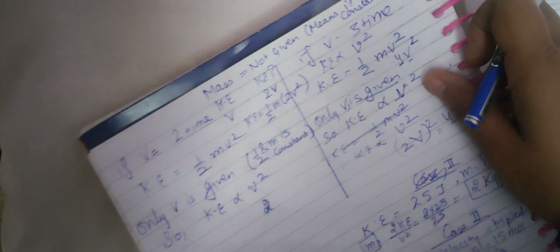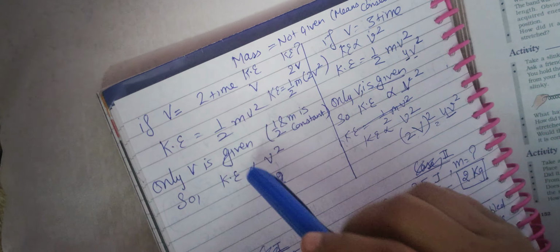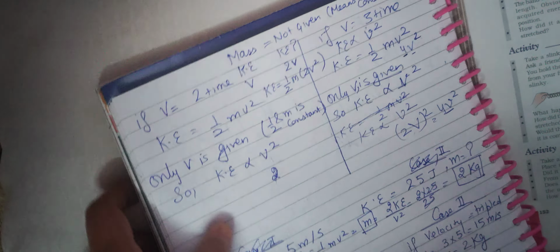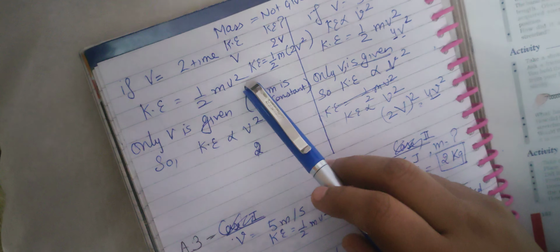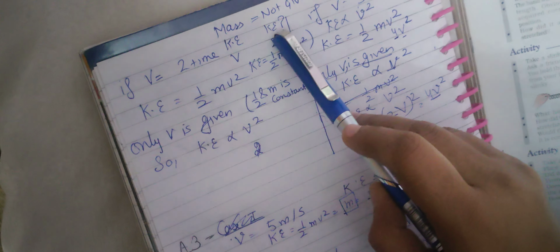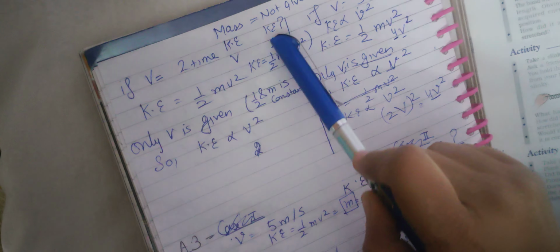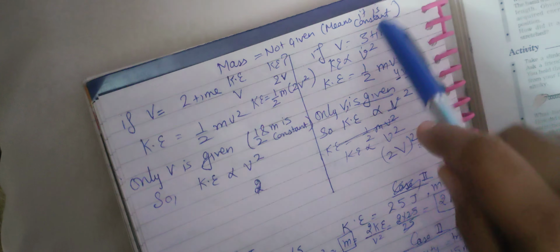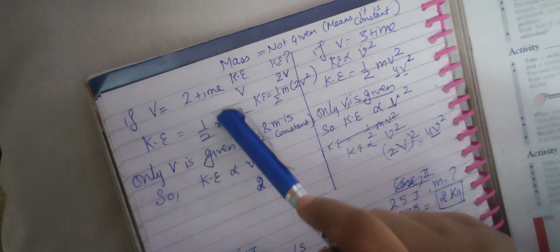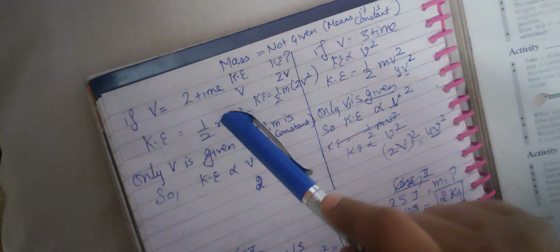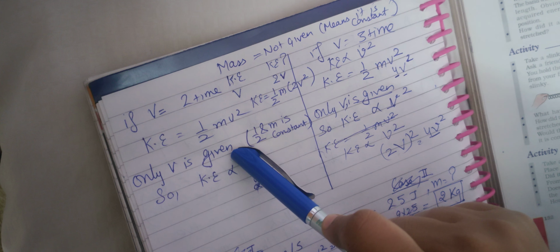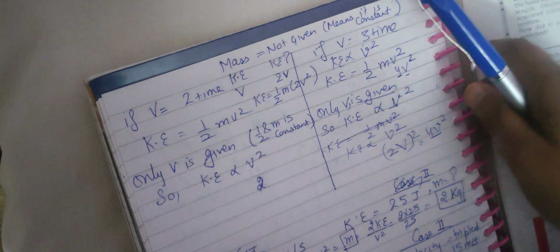Now if the velocity is 2 times, what will happen? For normal kinetic energy the velocity is v. Now they are making the velocity 2v, and in this case 3 times. The formula is the same, half mv square. So only v changes. What will happen here? Now see here.